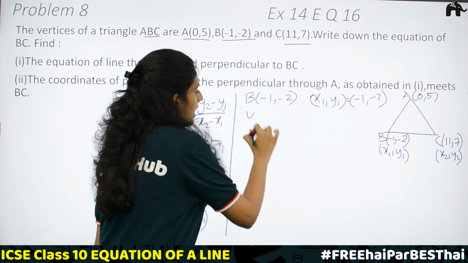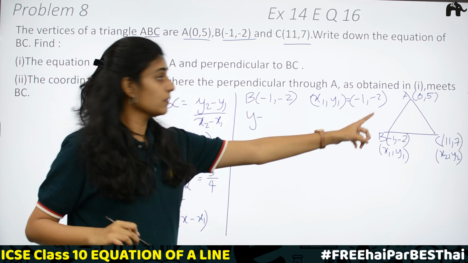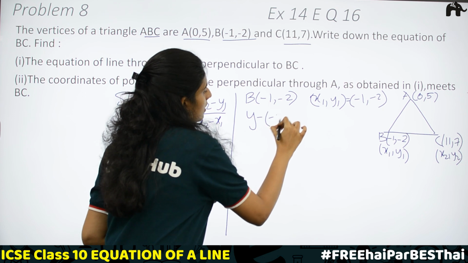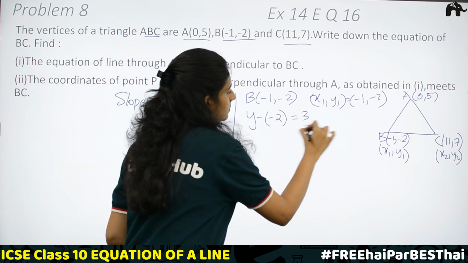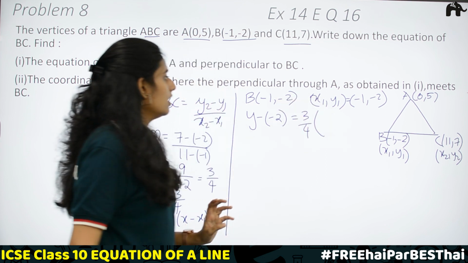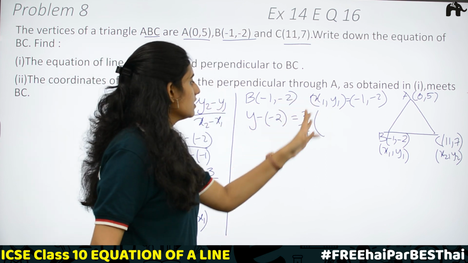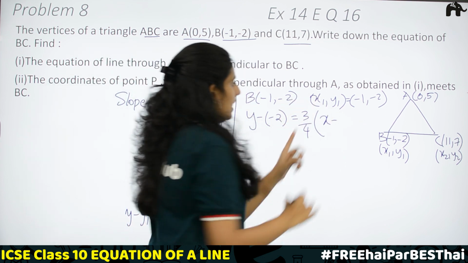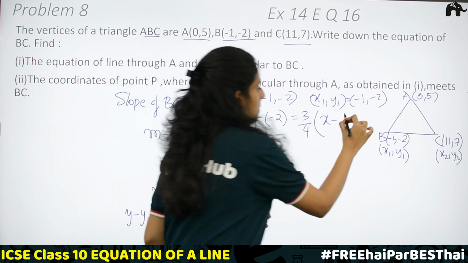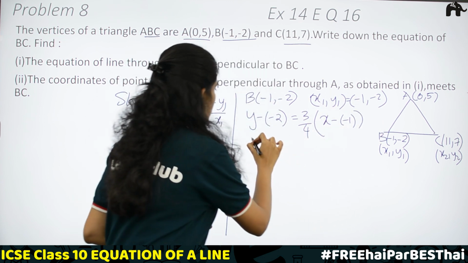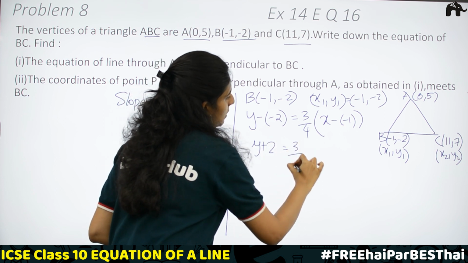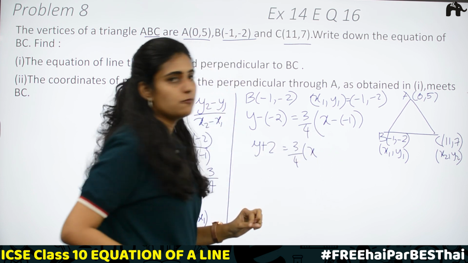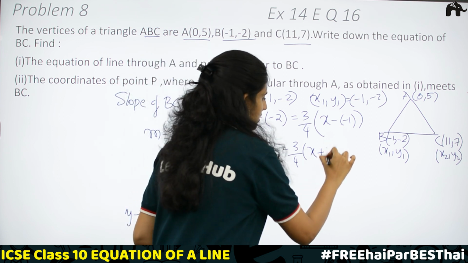That is y minus y1, that is y minus of minus 2, is equal to slope m, 3 by 4, into x minus x1, x1 is minus 1. That is y plus 2 is equal to 3 by 4 into x plus 1.